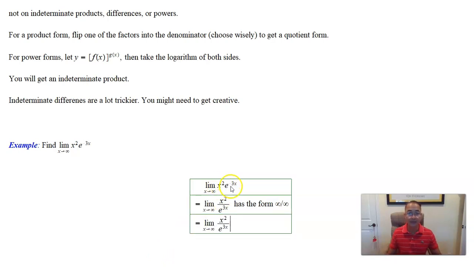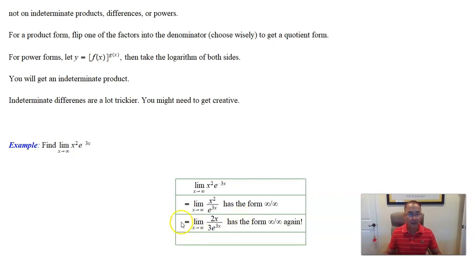There is no f prime times g prime. Take the derivative: we get 2x, and the derivative here, 3e to the 3x. How convenient. What's going on now? As x gets bigger and bigger, that's still infinity over infinity again.